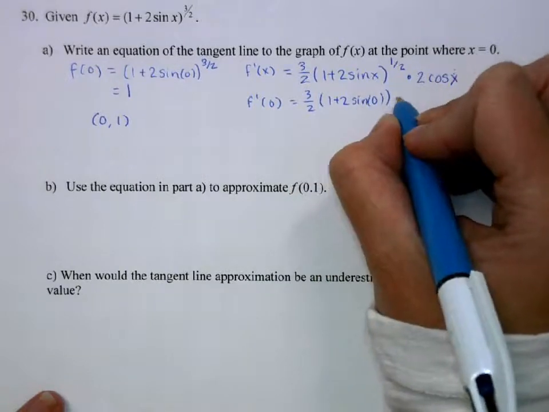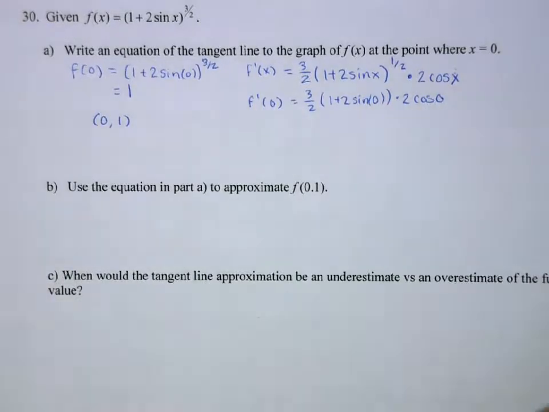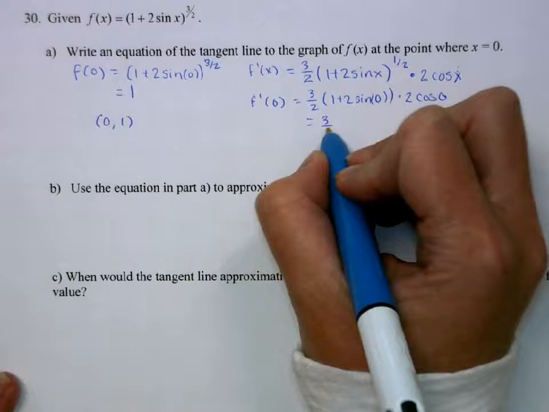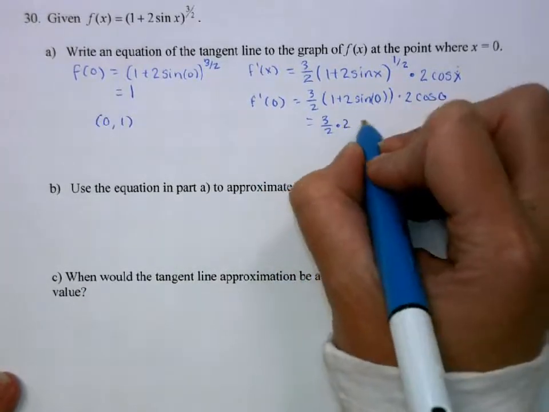Okay, so sine of 0 is 0, so this is going to be 3/2 times cosine of 0 is 1, so 2. So we get 3, and again, you have your calculator on this part.